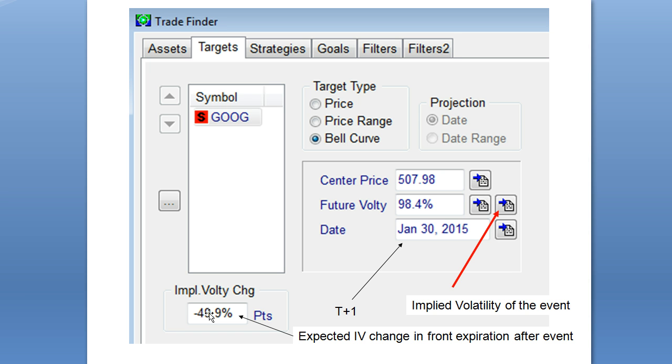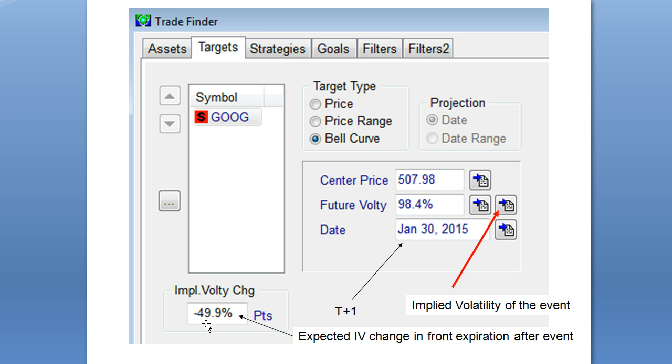That is the expected IV change in the front expiration that is affected by the event. So in this case, if that's a weekly set of options, that front week is going to drop almost 50 percentage points, from 70 down to 20 in that front weekly expiration that we saw in the matrix.